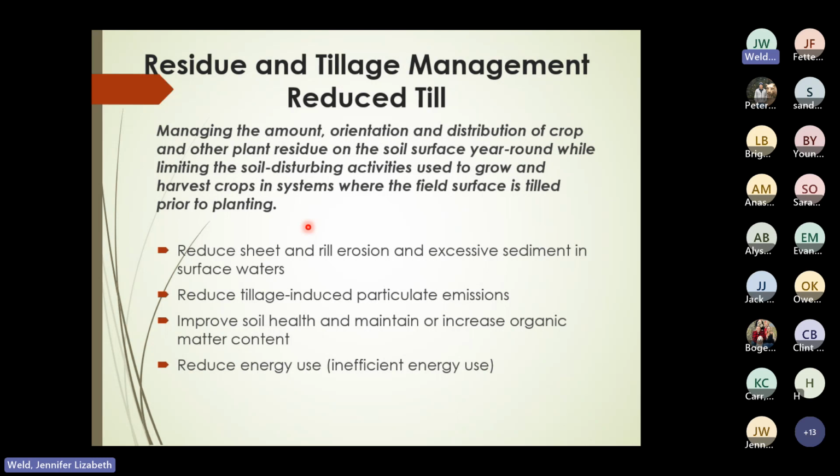So again, we're looking at the resource concerns associated with sheet and rill erosion and loss of excessive sediment to the surface waters. We are again reducing particulate emissions because we have less disturbance of the soil and less degradation of the organic matter associated with the soil. Also, you're improving the soil health or maintaining a certain level of organic matter.